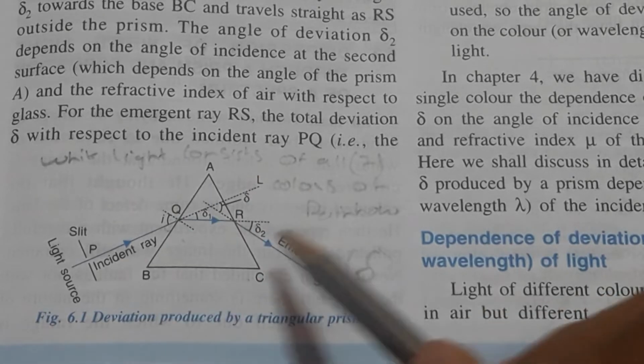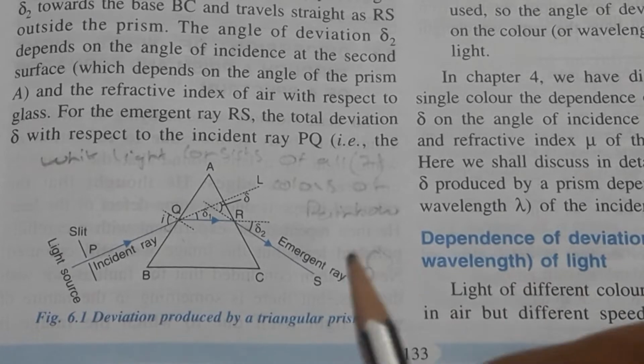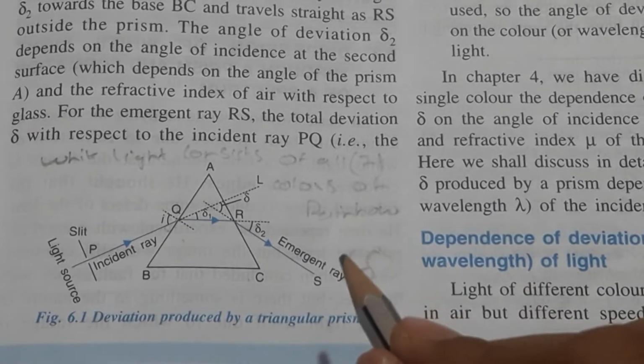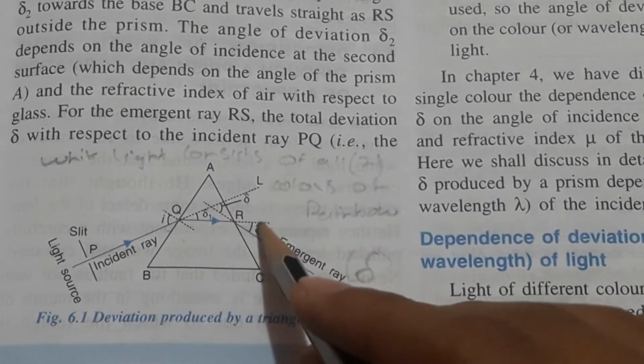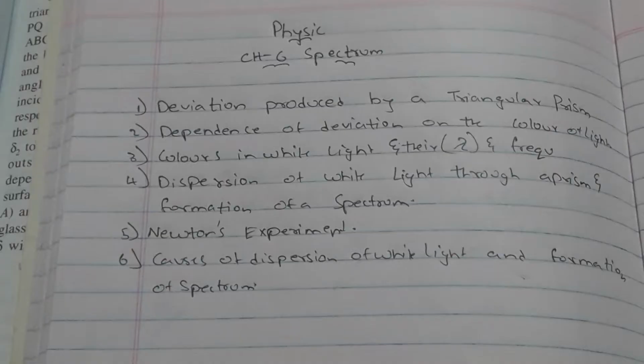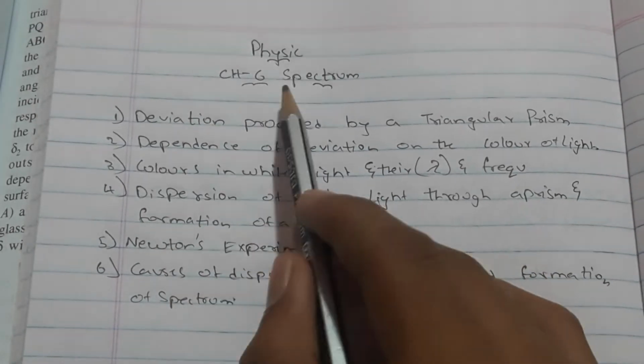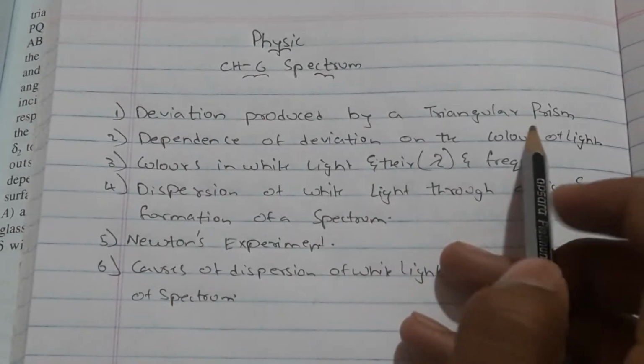That is about deviation produced by the triangular prism, our first point of this chapter. So what is the angle of deviation? Angle of deviation is equal to deviation 1 plus deviation 2. By this we have completed the first topic of our chapter spectrum.